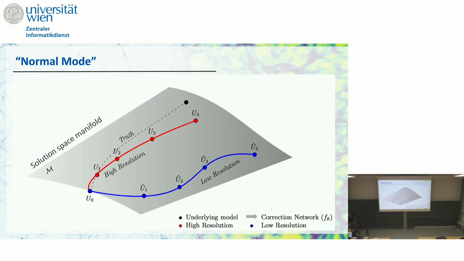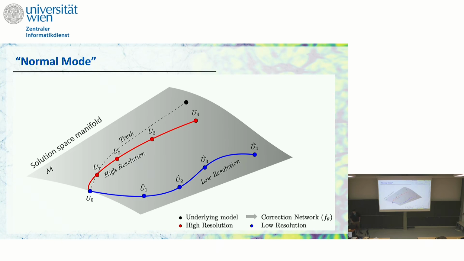To show that in a different way, you can imagine you have a solution space manifold here where your trajectory as time evolves is this dotted line. You run your high resolution simulation, which is trying to capture the underlying true physics, hopefully, which is this red line. If you just run a normal low resolution simulation, it will end up diverging at late times.